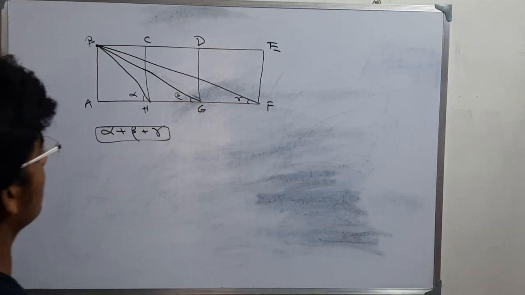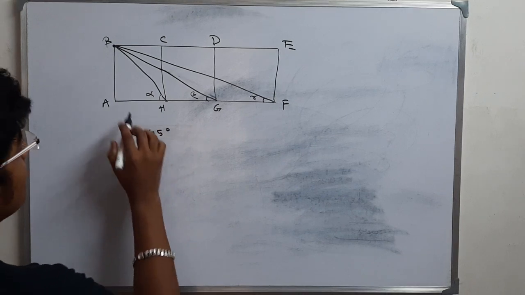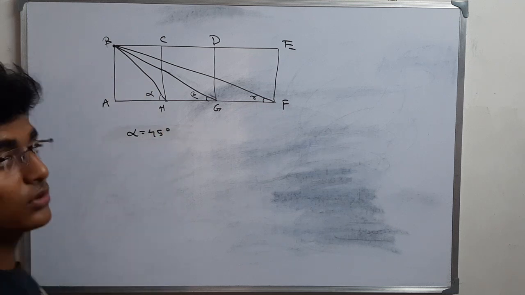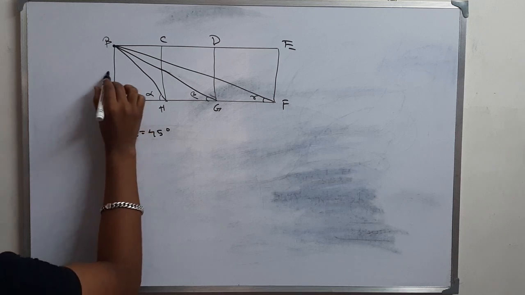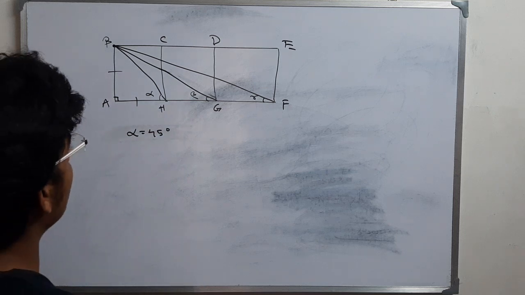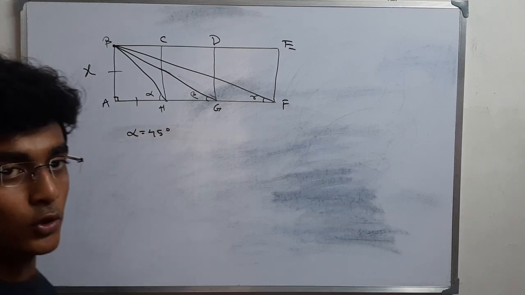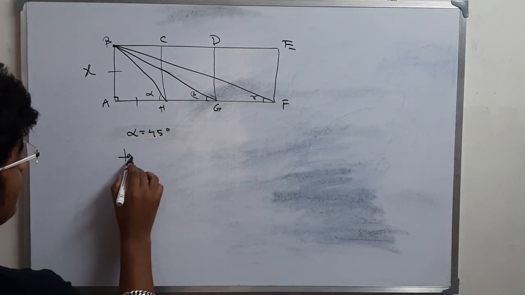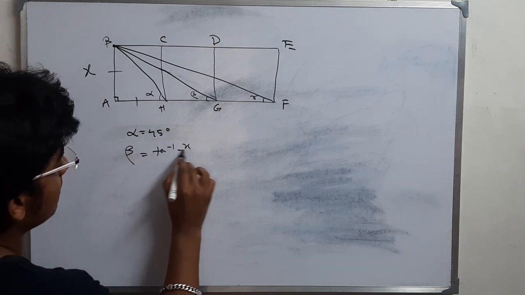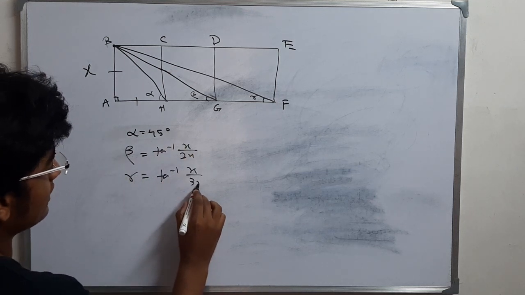He would have found that alpha is 45 degrees, because AB and AH are sides of a square and the angle is 90 degrees, so the two sides are equal. Next, he would have considered AB to be of length x, then AG would be 2x, and beta is tan inverse of x by 2x, and gamma is tan inverse of x upon 3x.